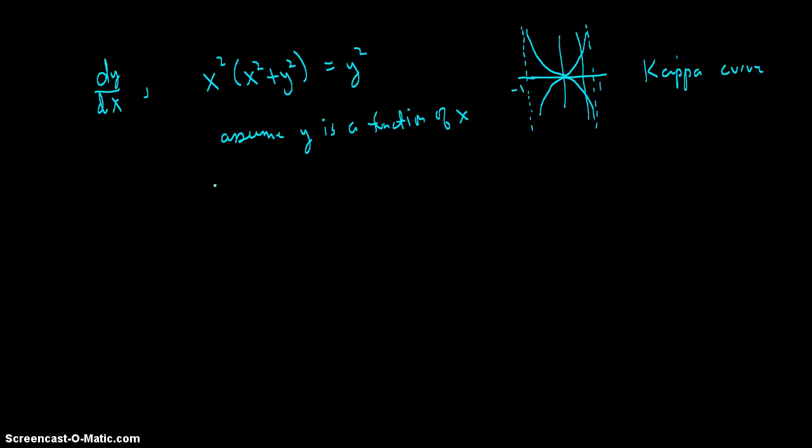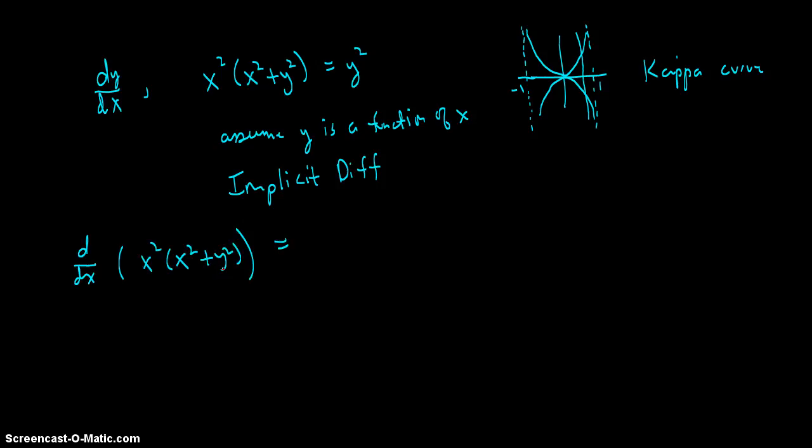And the key in implicit differentiation is to assume y is a function of x. And the key is to begin the computation by taking the derivative of both sides. So you take the derivative of the left side and say it's equal to the derivative with respect to x of the right side.